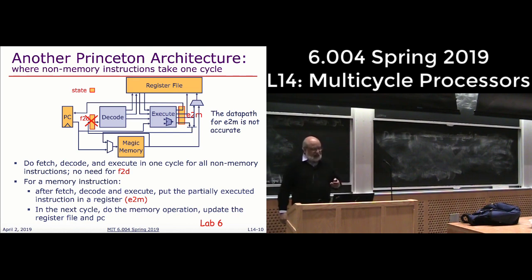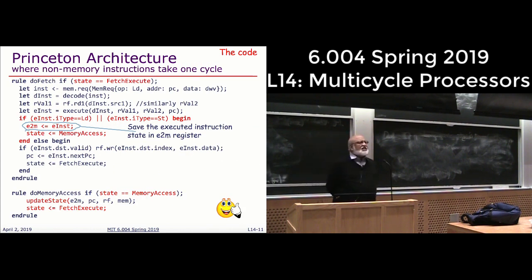By the way, this is what Lab 6 is about. All through the last lecture and this lecture, I'm giving you pointers to what problems you are solving in Lab 6. So now let's look at how the code will be changed for this.